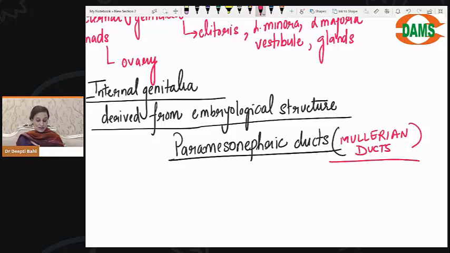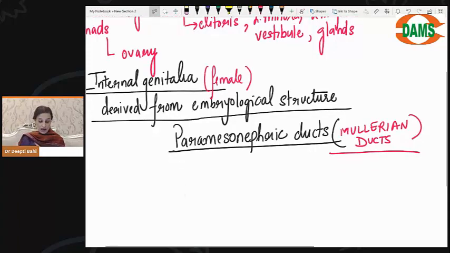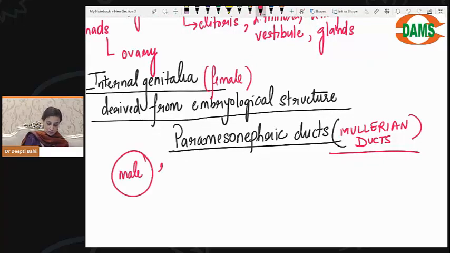Now, if the female internal genitalia come from paramesonephric ducts, what about male internal genitalia?